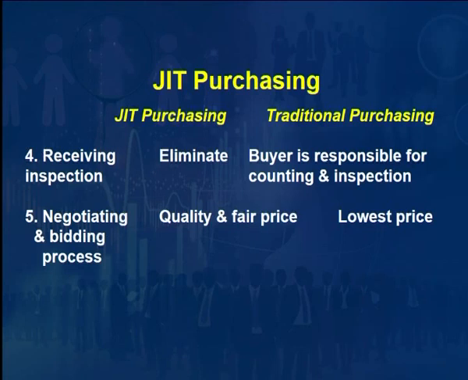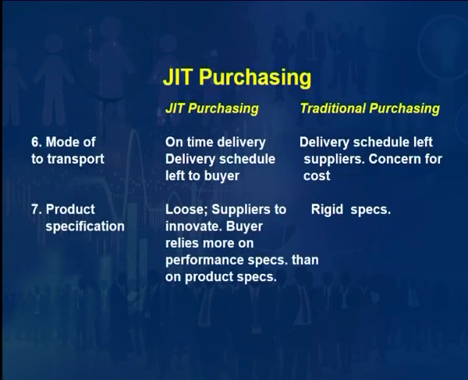So, you have seen the comparison. JIT believes in long-term contracts with the suppliers. JIT believes that it is the responsibility of the suppliers for the quality and fair price. You don't have to work on day-to-day inspections, etc. Then further we will see the mode of transportation.